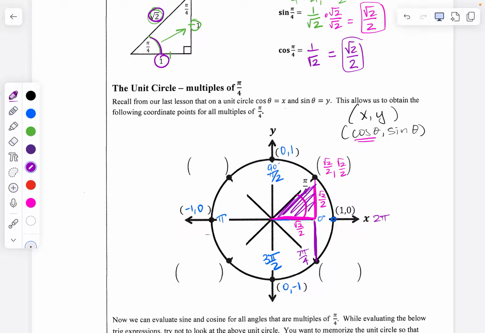This triangle is the same as this triangle, so I'm going to the right, or x value of root 2 over 2, and down root 2 over 2.